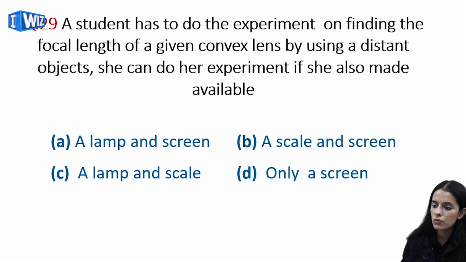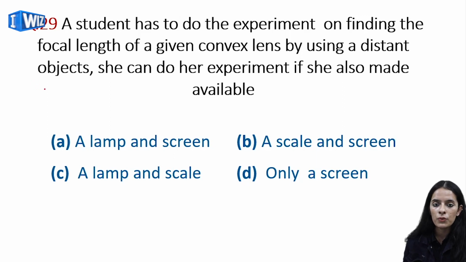Okay, come to the next one. A student has to do the experiment of finding the focal length of a given convex lens by using distant objects. She can do her experiment if she also has made available what? A lamp and screen, a scale and screen, a lamp and scale, only a screen.